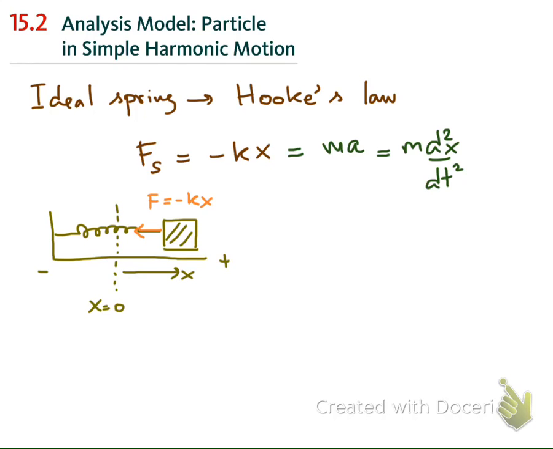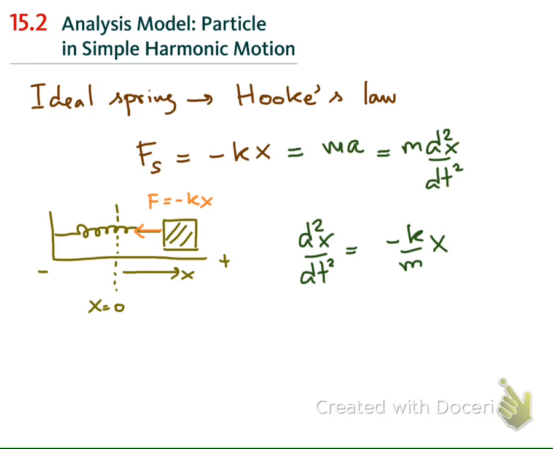So we can write the equation of motion as d square x by dt square is equal to minus k over m x.